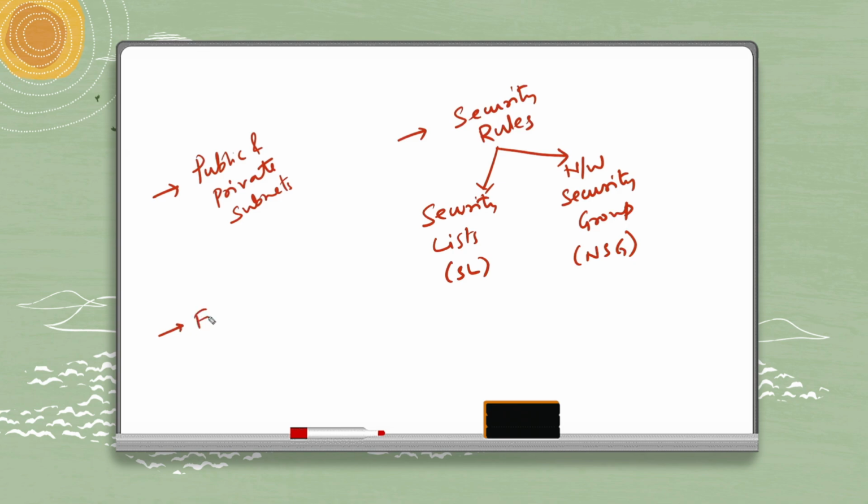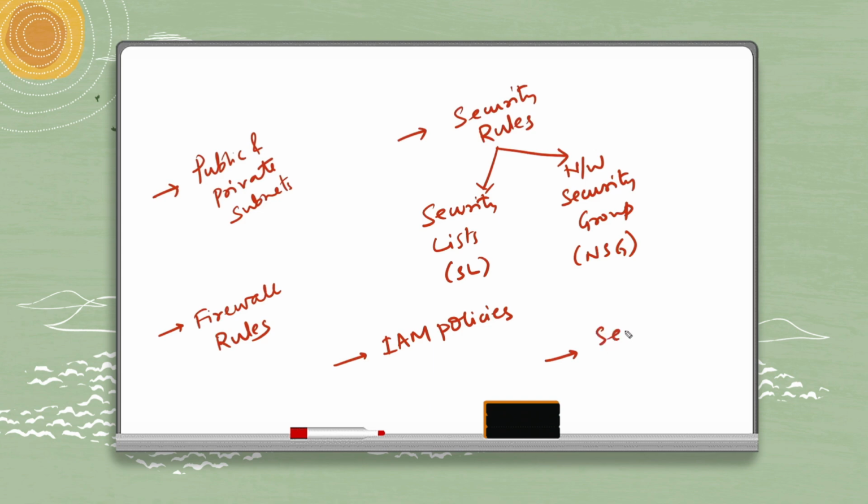Apart from that, you can also configure firewall rules directly on the instance. What we can also do is configure IAM policies, identity and access management policies, to control who can set up your VCN or subnet, or who can configure security list and network security groups. So that can also be done.